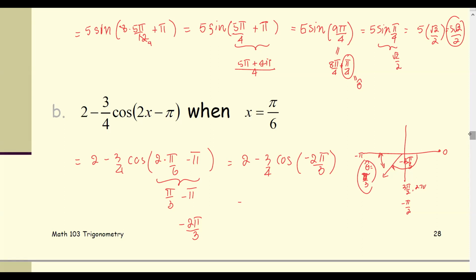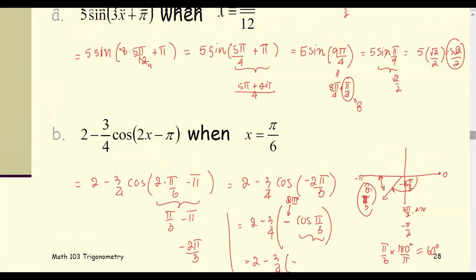And the cosine in the third quadrant is negative, since the terminal side is located in the third quadrant. Then replace the angle with the reference angle, which is pi over 3. And pi over 3 is the same as 60 degrees, and you can convert it quickly on the side here. Use the table of the exact values to find the cosine of 60 degrees.